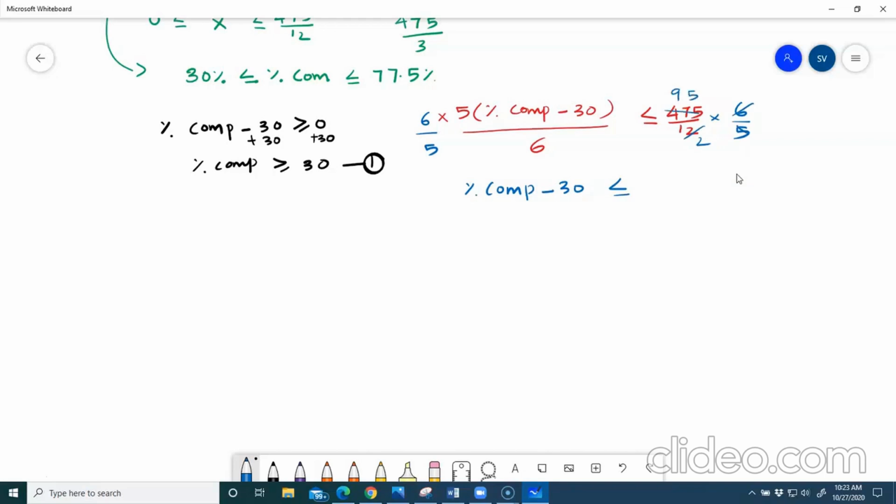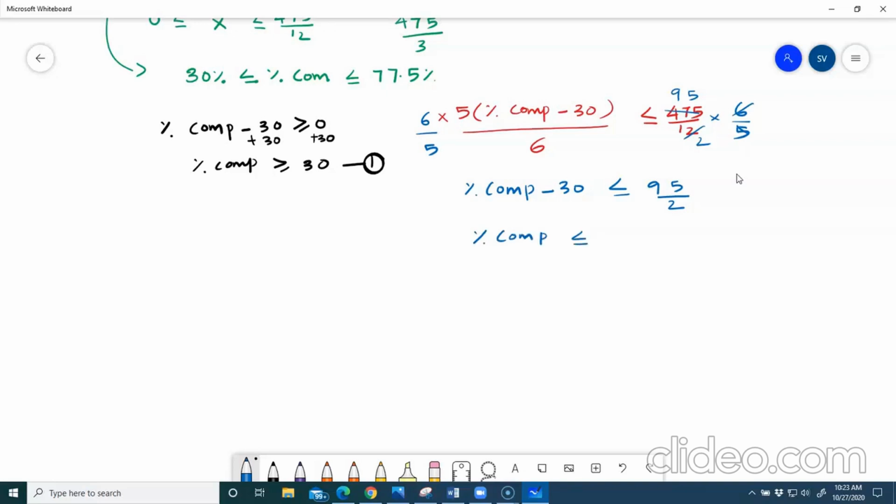Probably that is 95, 6 over 5. Yes, that's 95 over 2.